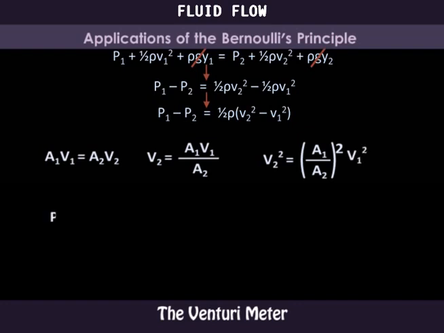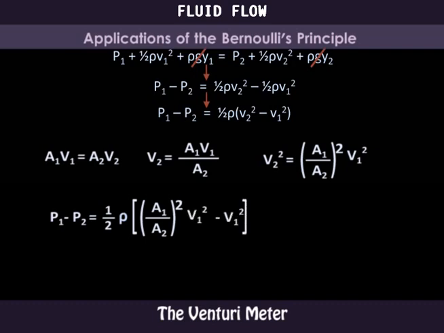And therefore, P1 minus P2 is equal to a half rho times V1 squared times A1 over A2 squared minus 1. From these, V1 and hence A1 V1 can be calculated.